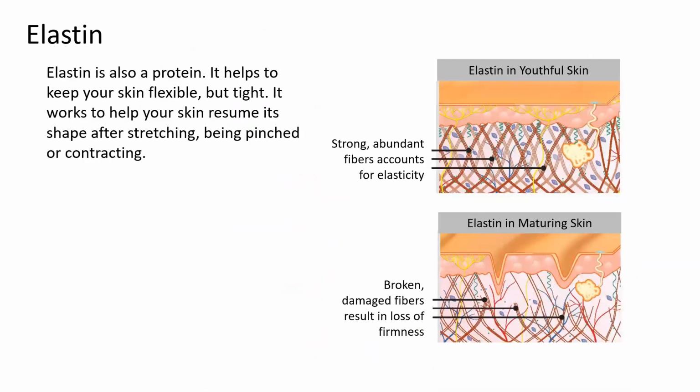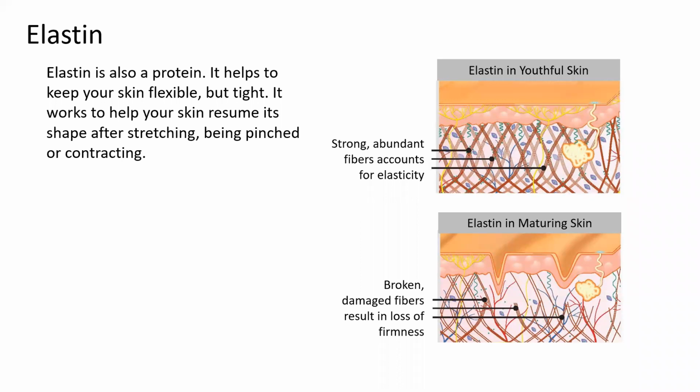Now let's talk about elastin. Elastin is also a protein, and it helps your skin stay very flexible and tight. Its whole reason for being is to help your skin go back and retain its shape after stretching.